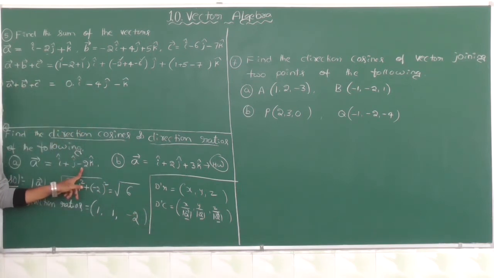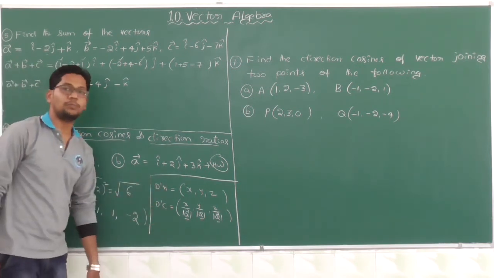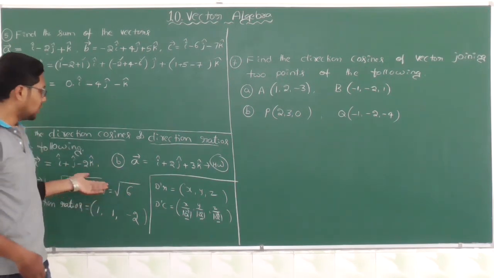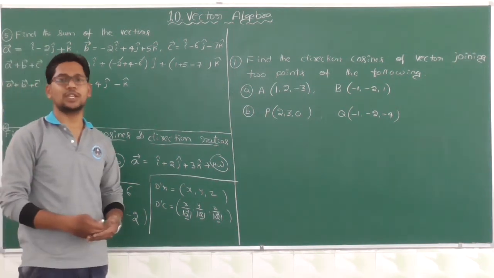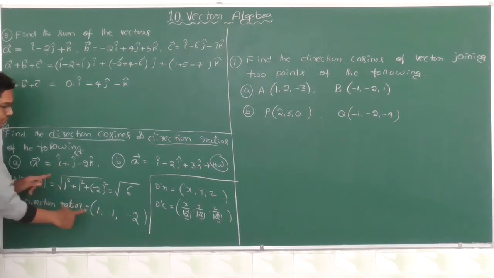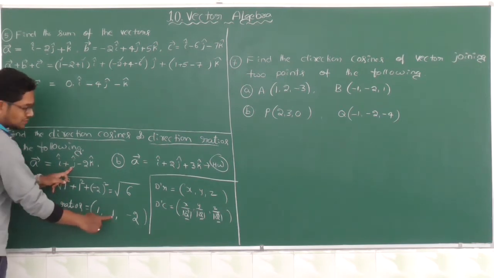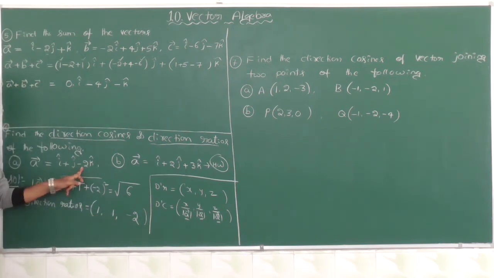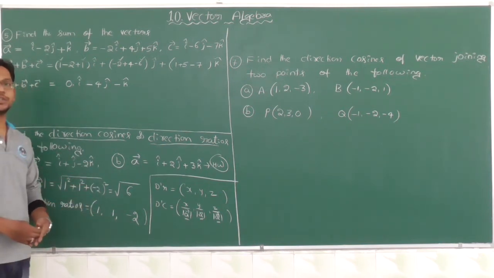That's it. You need not remember this formula, you just understand the concept, and you will find it very easy to get direction ratios and direction cosines. The direction ratios are 1, 1, -2. Very simple.